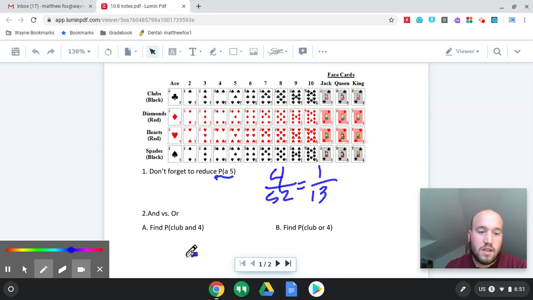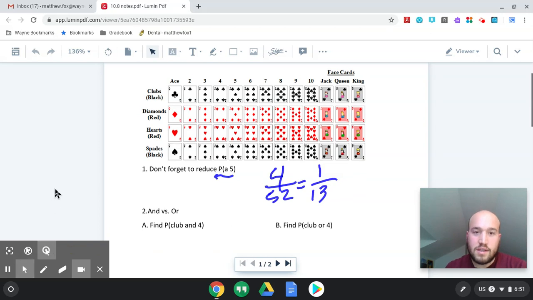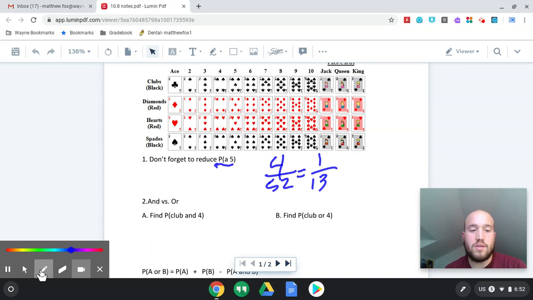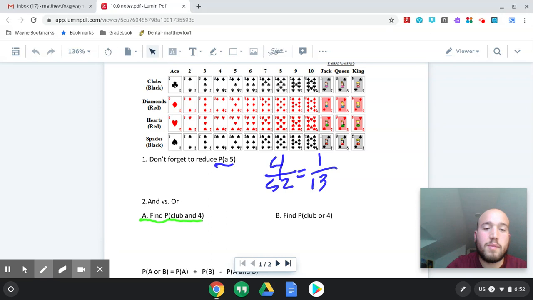Now, the next thing I want us to talk about is the keyword "and" versus "or." It's a small difference, but it results in a big difference in what we do. Small change in the word, big difference in how we solve it. So right here, this first one says, find the probability that we find a club and a 4.